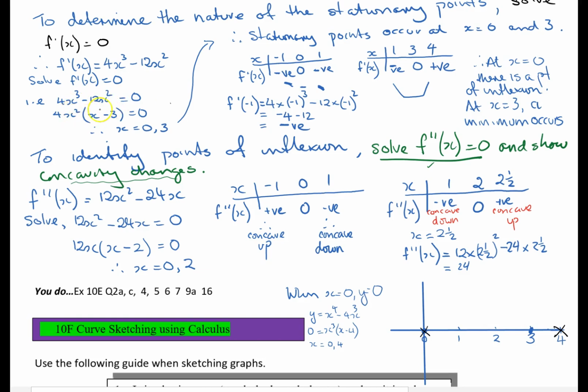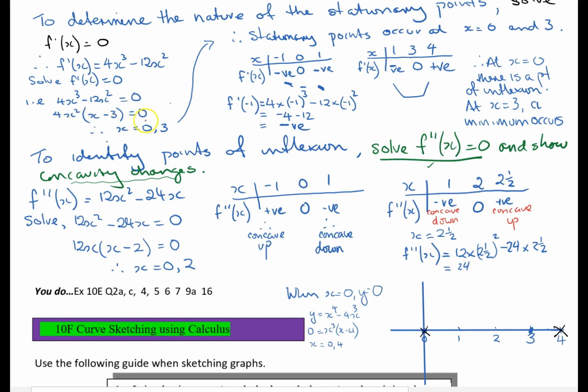How do we solve that? It's best to factorize. Get it as a product equal to 0, because then you can take each part of your product and say that must be 0. Taking out the highest common factor, 4x squared, leaves us with x minus 3.